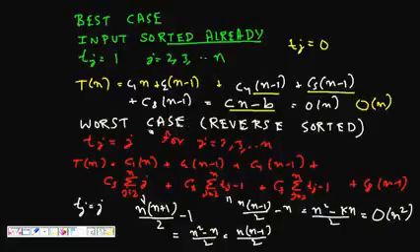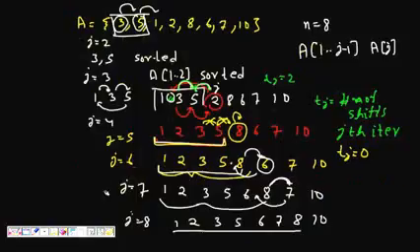In the worst case, what can happen is the input is sorted in the reverse order. So if we wanted to put it in ascending order, the input is sorted in the descending order. So in that case, let's say we have 2, 3, 5, this is already sorted, and then we get 1.